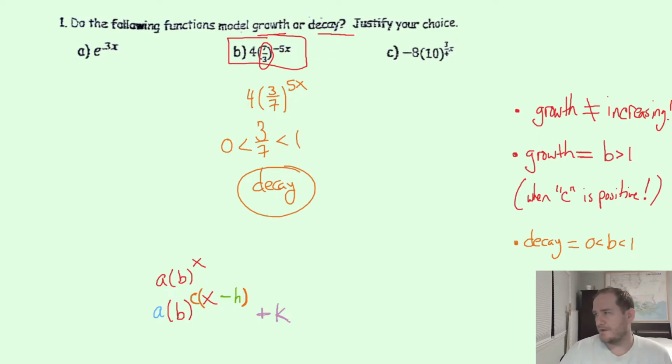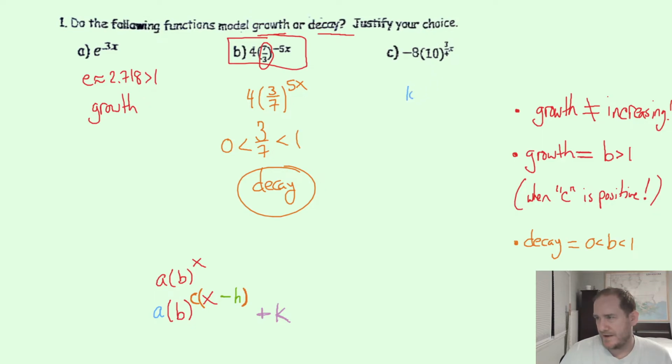That's the tricky one. The rest should be cake. Looking at A, there's not a negative sign in sight, so we're in the clear. Our base is E, so hopefully you just remember that E is worth 2.718, which is decidedly greater than 1, so this is a growth model. Now part C, there's no negative in the exponent. Negative A values I'm not really worried about. They don't really come into play at all.